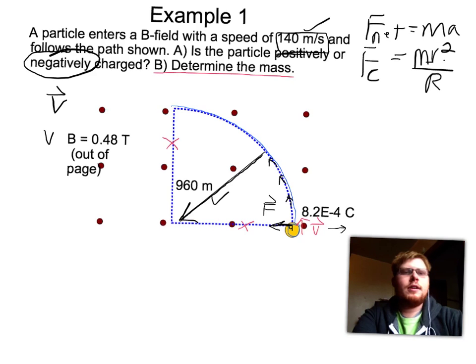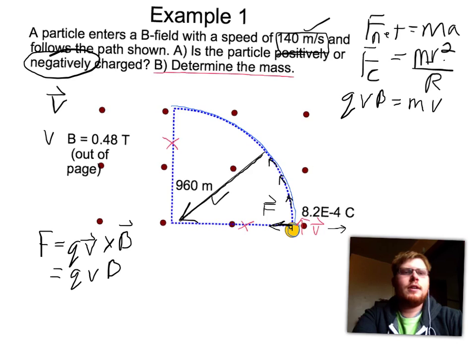We can find the strength of that force, though, by using force equals QV cross B. And if the velocity and magnetic field are always at right angles, then QV cross B just gives us, in this case, QVB. So in that case, our centripetal force is QVB.